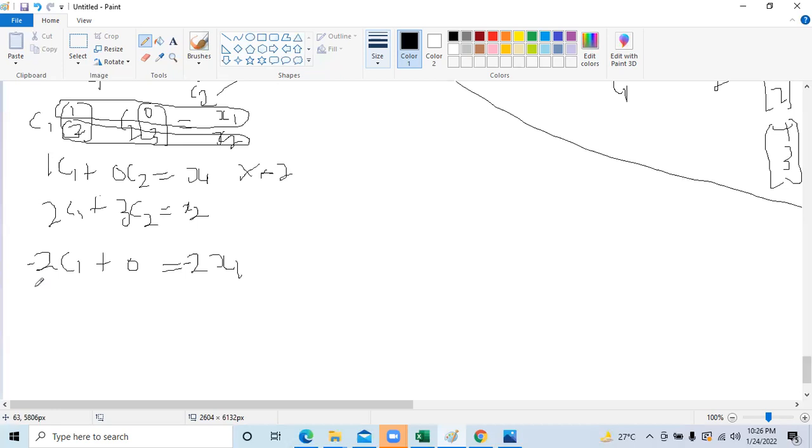And then this is going to be 2C1 plus 3C2 equals X2. If we add these two equations to each other, we are going to be able to eliminate C1. So this will give us 0 plus 3C2.